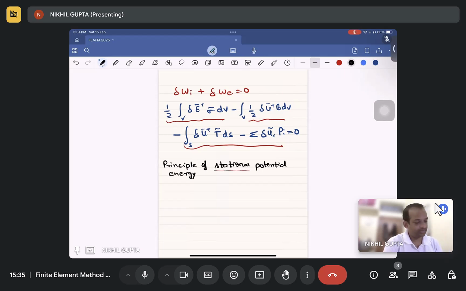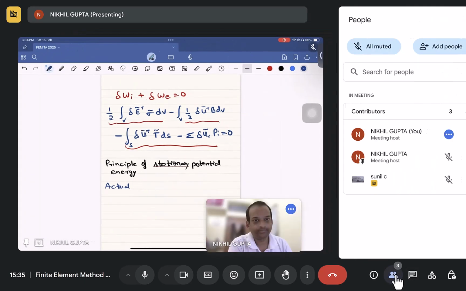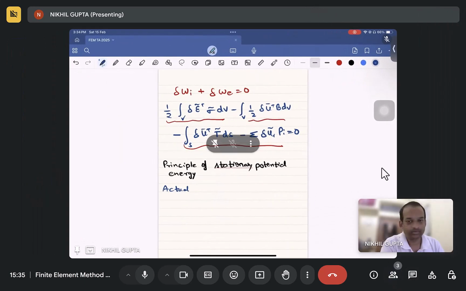Can anyone tell me about this principle of stationary potential energy? So I'll explain this as well. No, I mean, what exactly is the stationary potential energy? This is the principle of stationary potential energy.